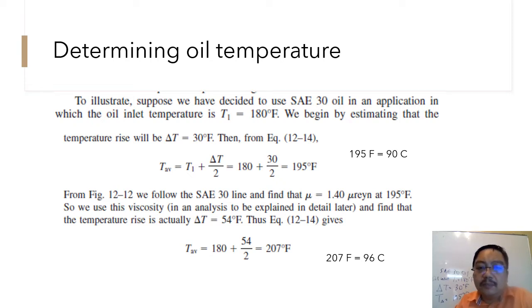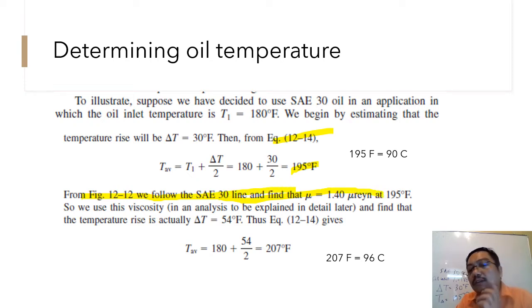Using the temperature rise, the variation in temperature is 30 Fahrenheit. So the average temperature from equation 12-14 gives this value of 195 Fahrenheit. From the figure, after this I will show you the line. Follow the SAE 30 line.